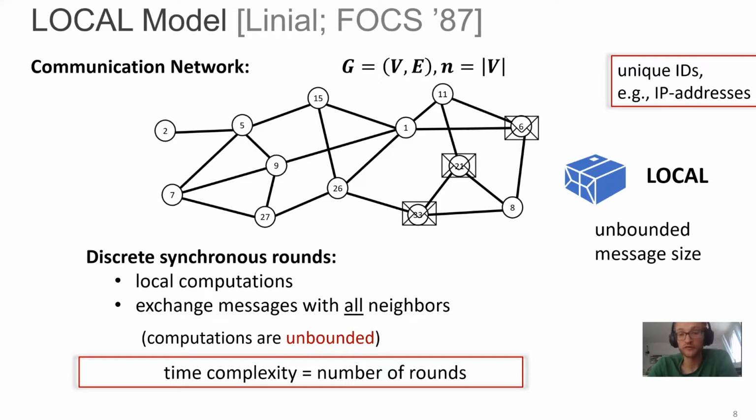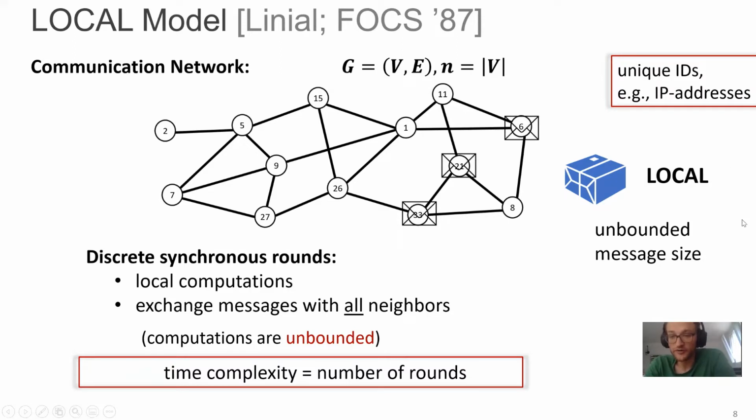So in one round, the vertex can perform some local computations and exchange messages with all of its neighbors. And here, this is very unusual for people who come from a centralized setting, nodes are not charged for their local computations. The local computation time is unbounded and does not influence the complexity measure. The time complexity is only the number of rounds until each vertex has produced its output.